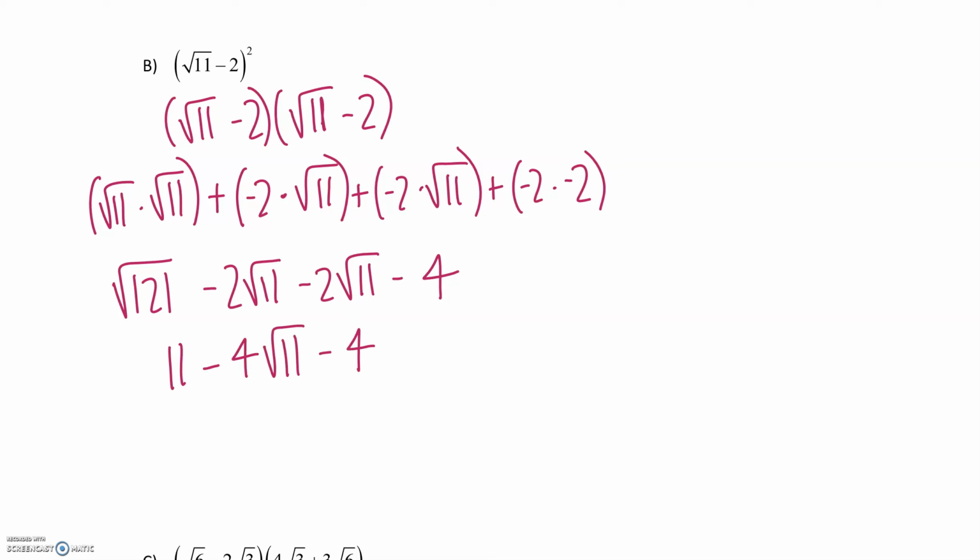If you do 11 minus 4, that leaves us with 7. Nope, I lied. If we do negative 2 times negative 2, that gives us a positive 4. So if we do 11 plus 4, that gives us 15 minus the 4 square roots of 11.